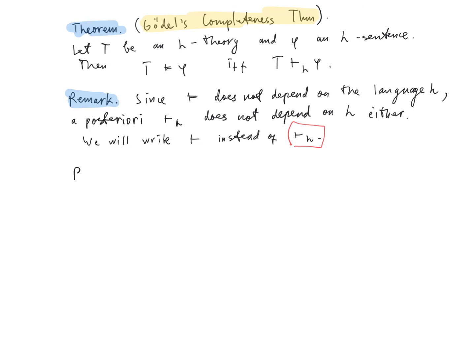First, we can consider the easy direction, namely, if T proves phi, then T also has phi as a logical consequence. This is the easy direction of Gödel's completeness theorem. We already know that it holds by soundness of our notion of formal proof.